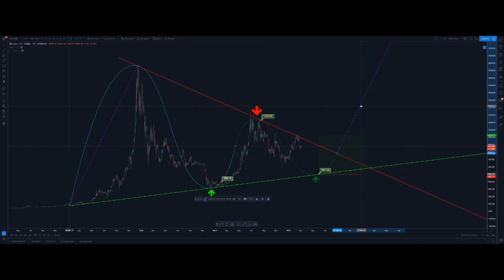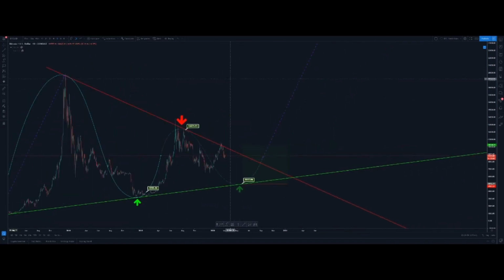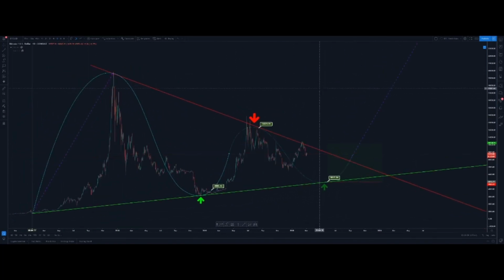Remember guys, Bitcoin tends to break out even sooner than expected.